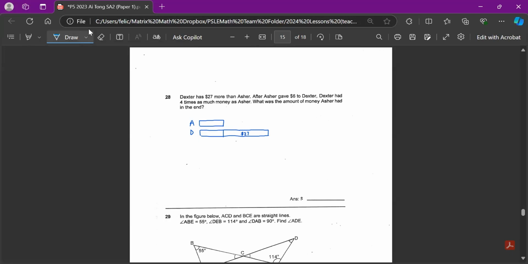So what we're going to do is we're going to show a transfer. Asher is going to give away $6. So you're going to cut away $6 and shade it off from Asher. This is the $6 amount. And this will be moved to give to Dexter. So Dexter's model has to extend by that $6. Make sure the size is the same as the shaded part.